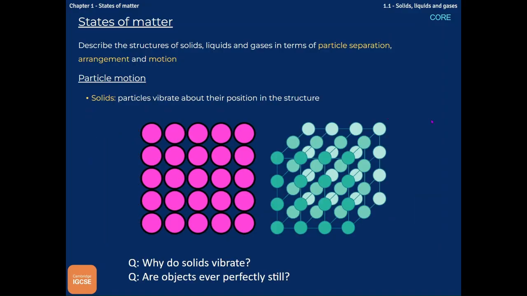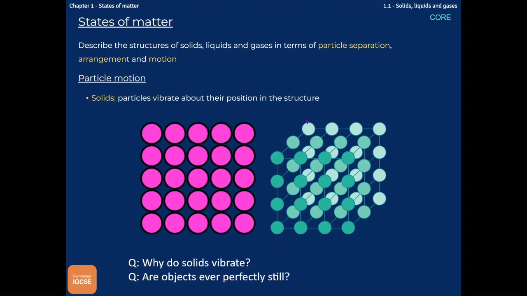Particle motion. Do solids move? Yes, they do. I know that might seem strange. The chair you are sitting on, the floor you are standing on, it is moving right now. Particles in solids are vibrating about their position in the structure.